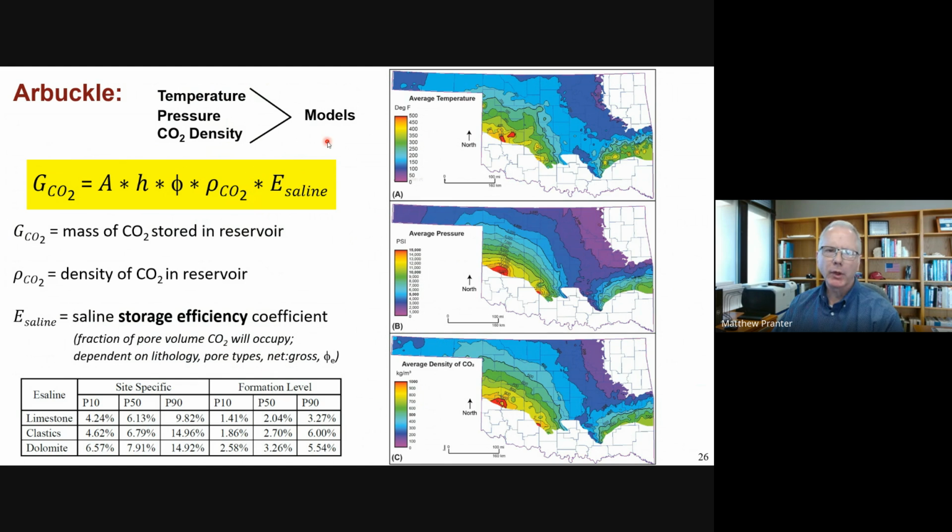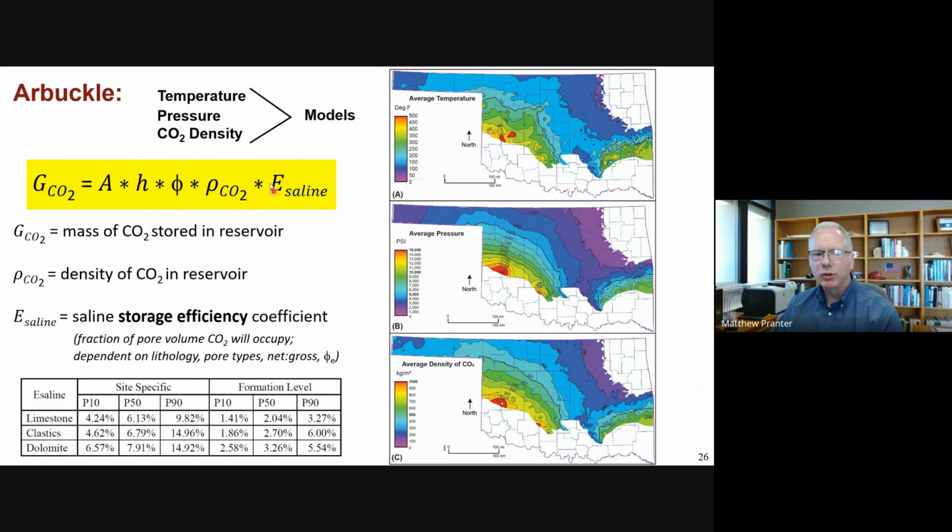And so using temperature and pressure gradients, 3D models of temperature and pressure across the state were generated. And what this shows are average temperature maps and average pressure maps extracted for the Arbuckle interval from those 3D models. And then that information was used to estimate the density of CO2 and how it varies across the state.